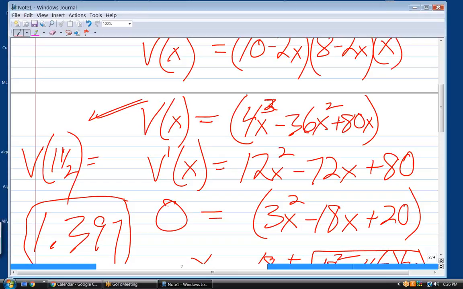In other words, had this been a quadratic, we still could have taken the first derivative, set it equal to 0, and come up with our answer, but we wouldn't have needed calculus. With cubics, we don't really have any way of figuring out where the maximum occurs in our domain, 0 to 4. The only way we have of doing it is by taking the first derivative and setting it equal to 0.